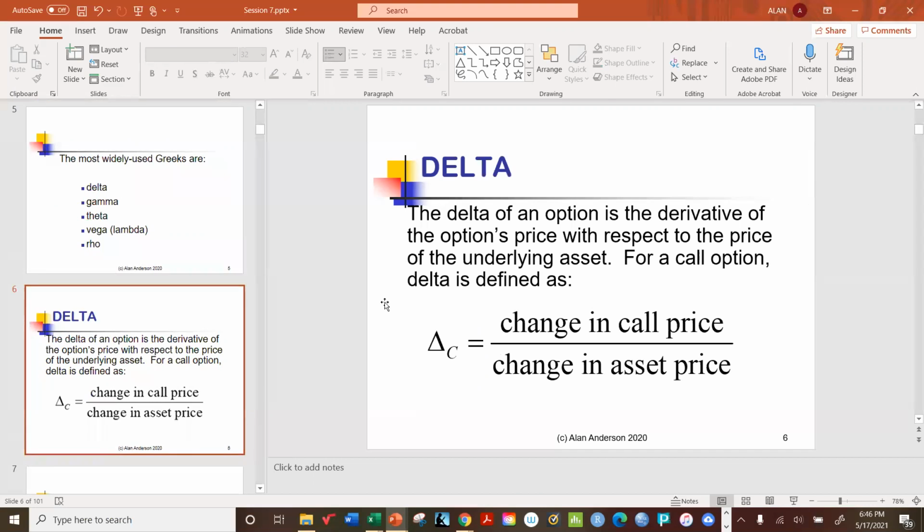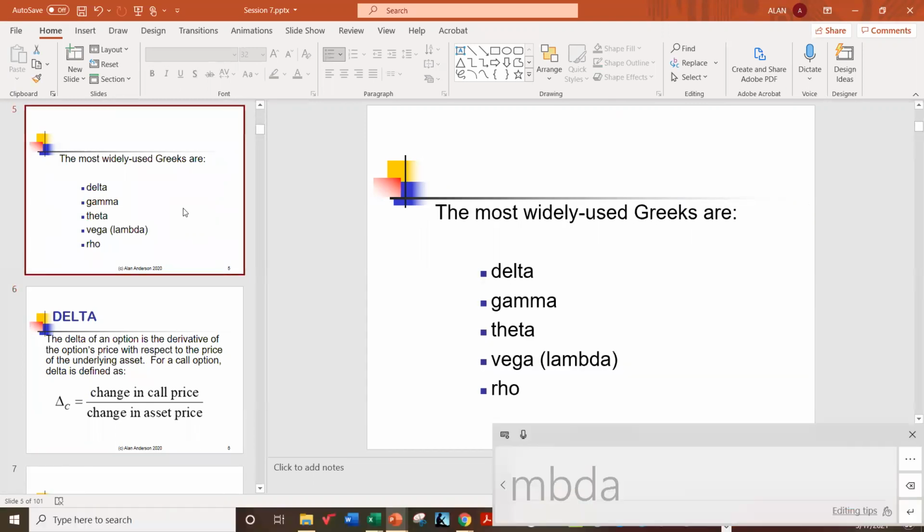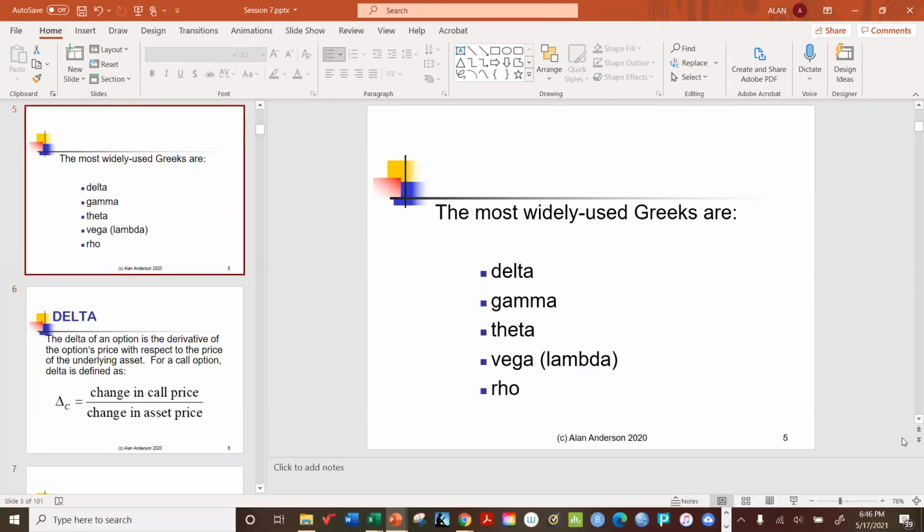Well, the delta of a... now we're going to have to make a separate formula, as it turns out, for calls and puts, because they typically behave very differently. So for example, oh, and by the way, in case you've forgotten, this is the Greek letter delta. In fact, why don't I give you a quick review here while we're at it. That's delta. That's gamma.